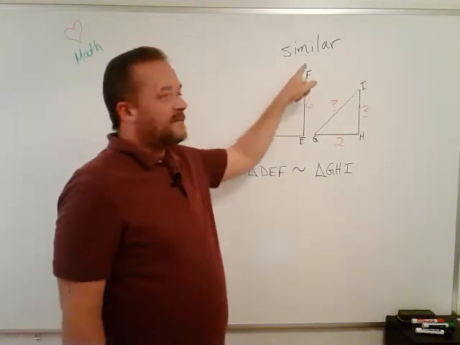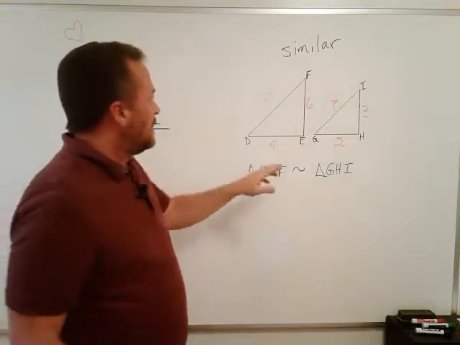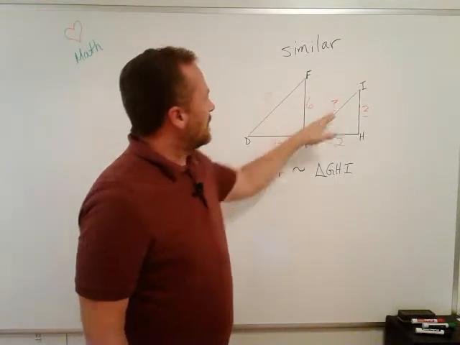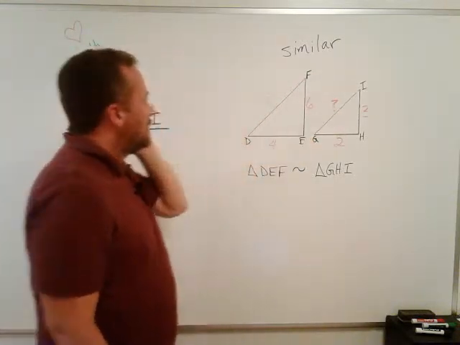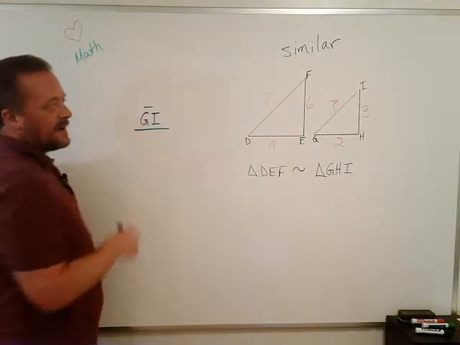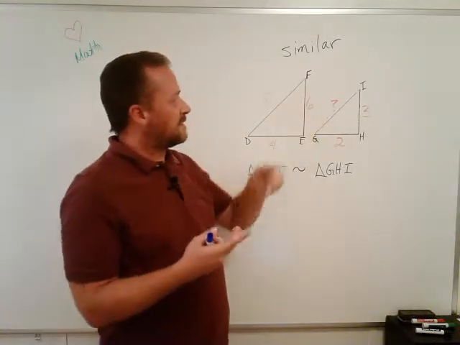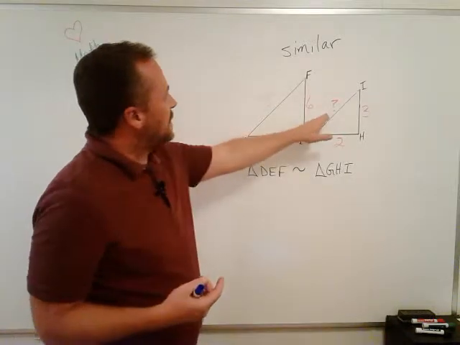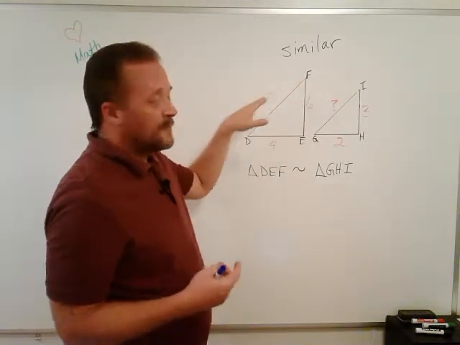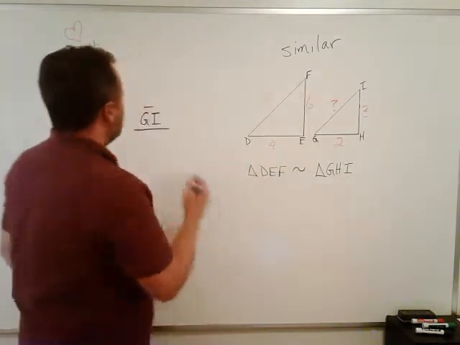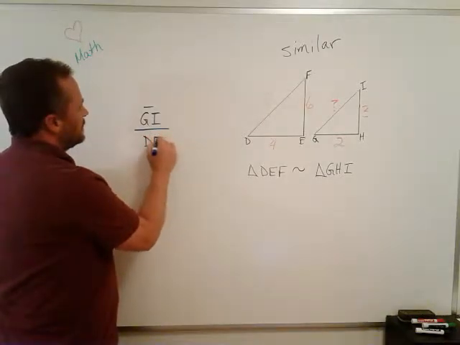Did you say DF? Yeah? These two sides are corresponding, right? So the ratio that I write here is going to have GI, because that's what I picked first, and the other part of the ratio is going to be DF. So here's my first ratio.